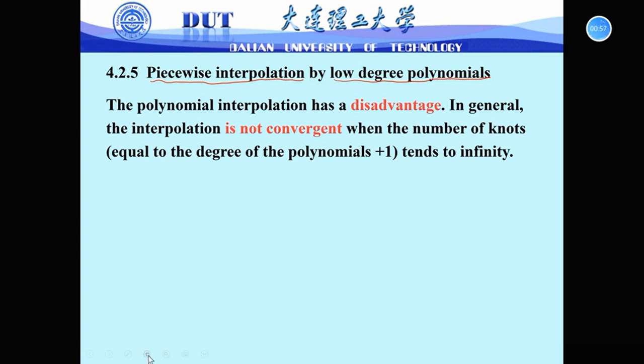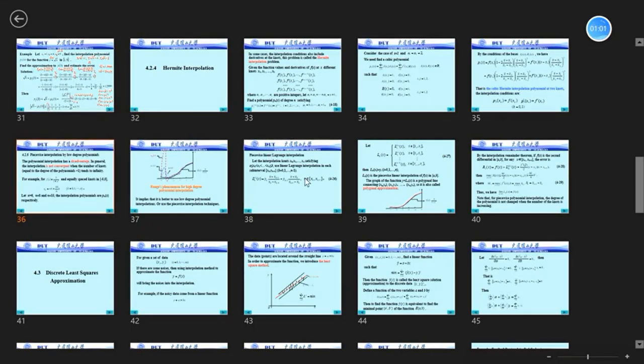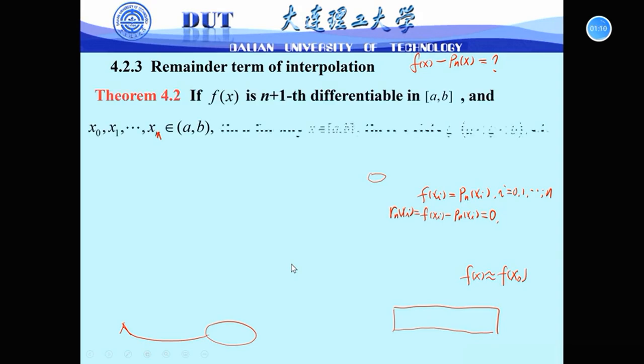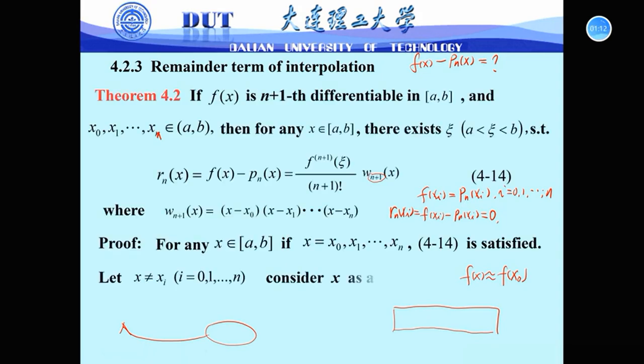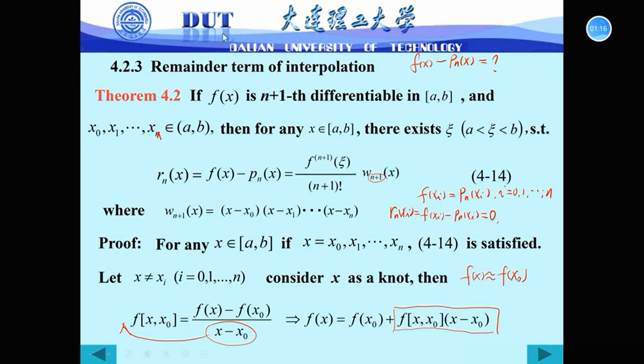Here we need to review the remainder term, or the error, in this theorem: f(x) minus P_n(x).